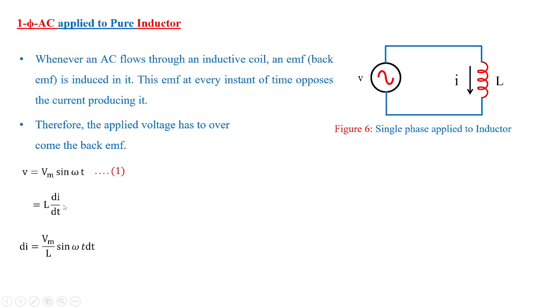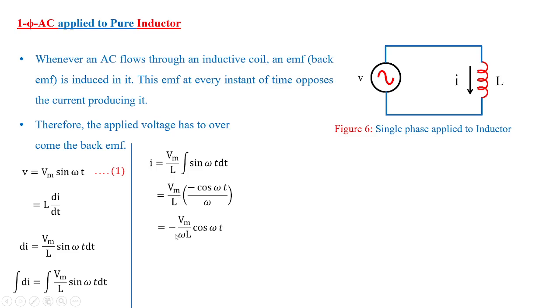With this equation, I am taking di on one side and dt on the other, that is, taking the constant values on one side and the variable current on the other, and integrating. I get the value of i, which is nothing but minus Vm by omega L cos omega t. This negative sign is the result of integrating sin omega t.